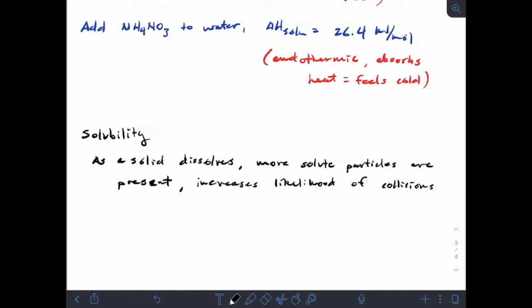Okay? And when we have collisions of solute particles, what we get is a process called crystallization. Okay? So crystallization is the opposite of dissolving.